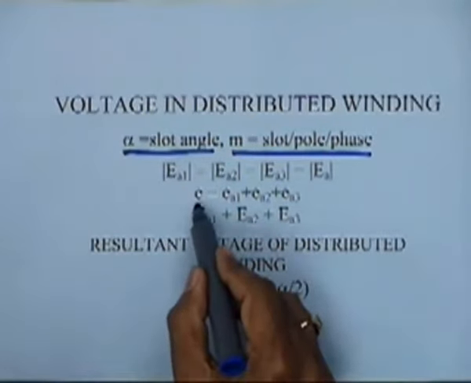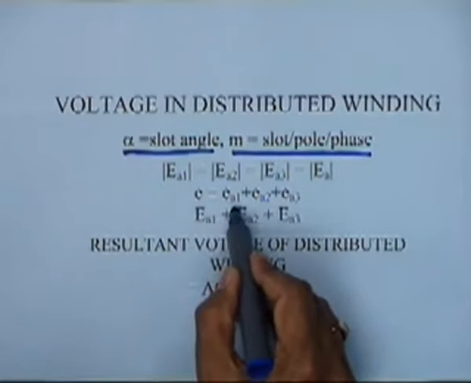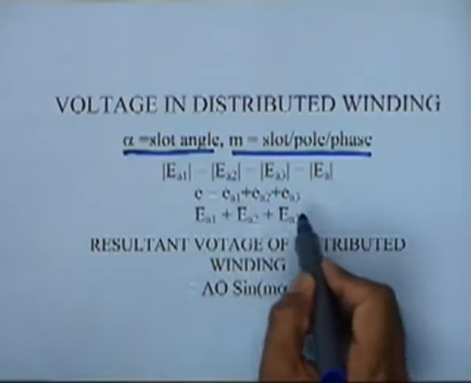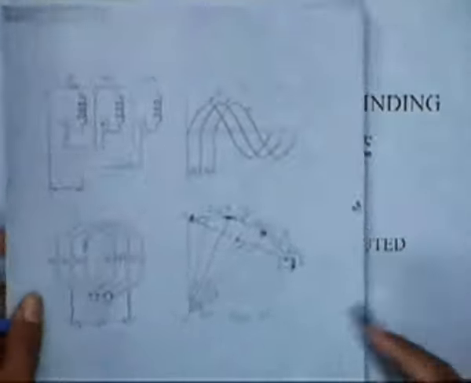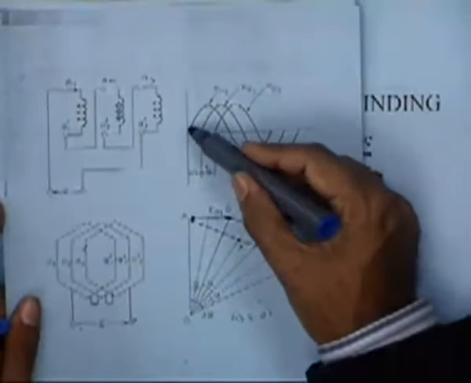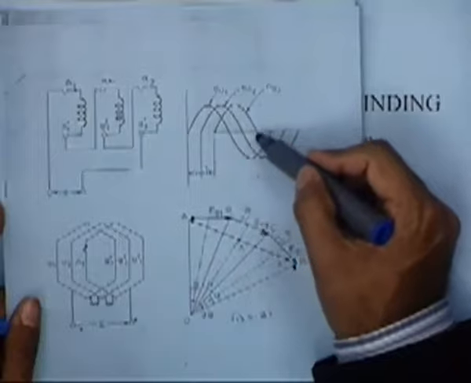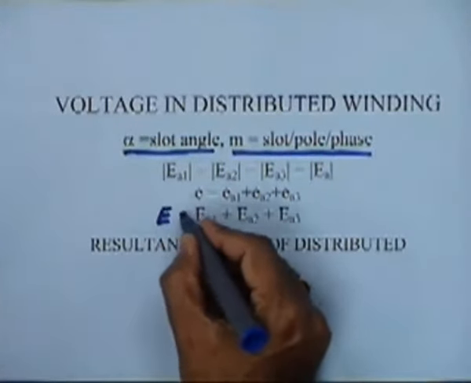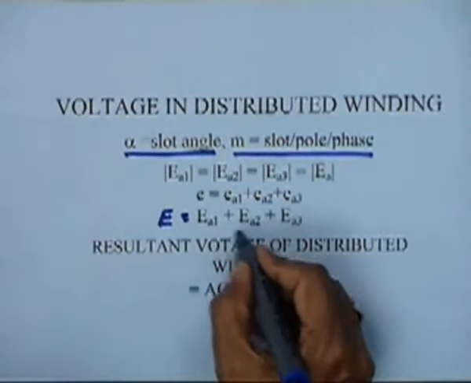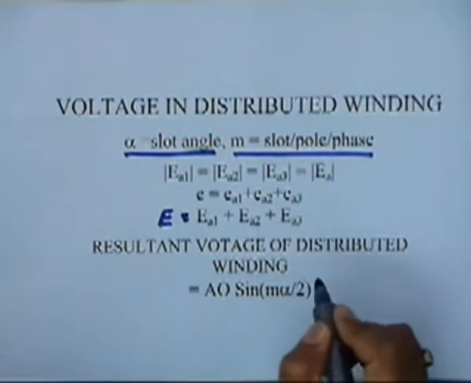So the net voltage E will be the phasor of EA1 plus phasor of EA2 plus phasor of EA3.